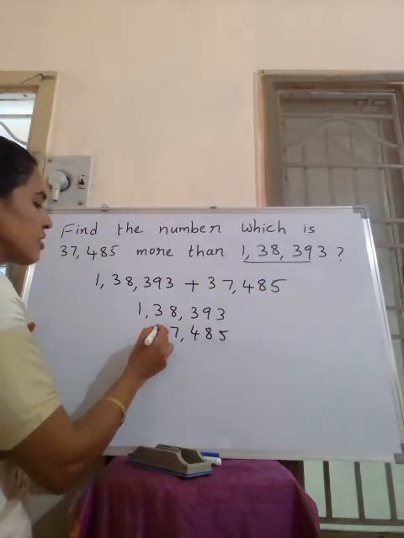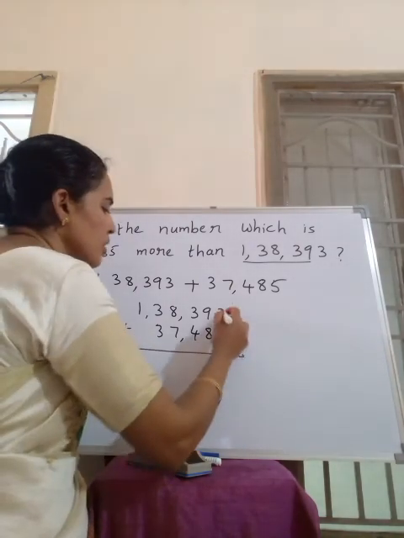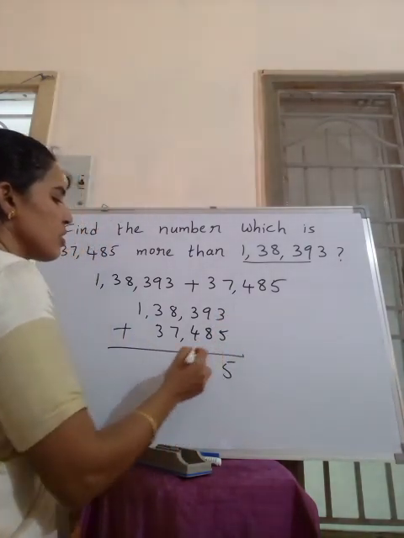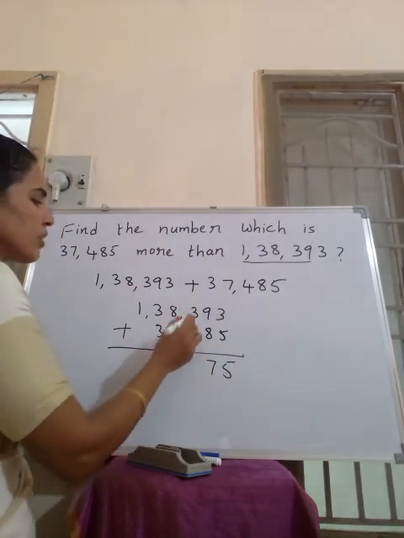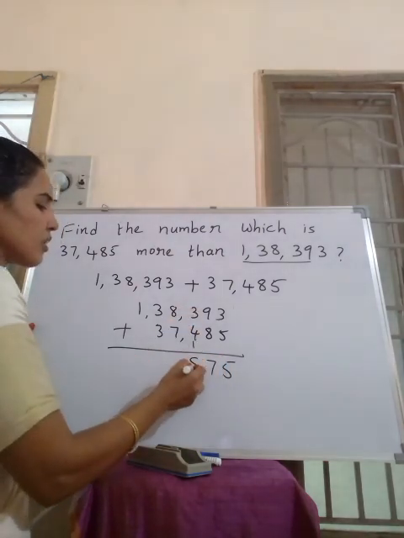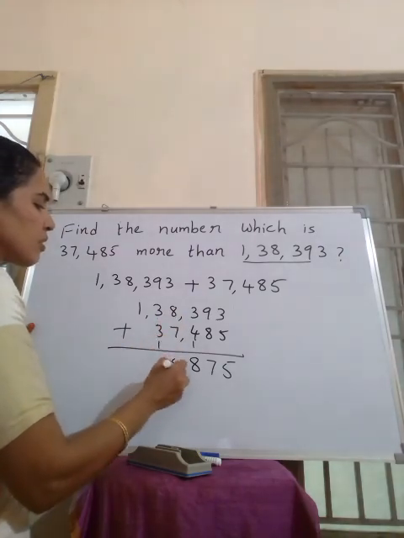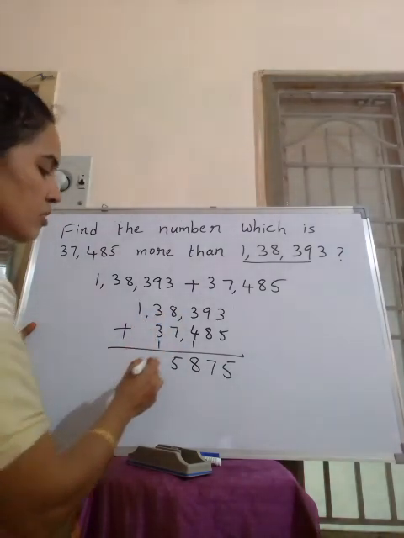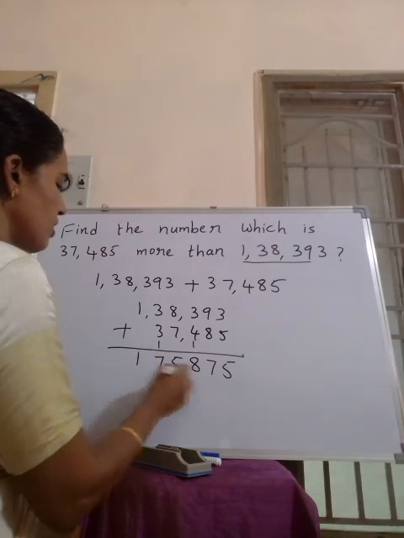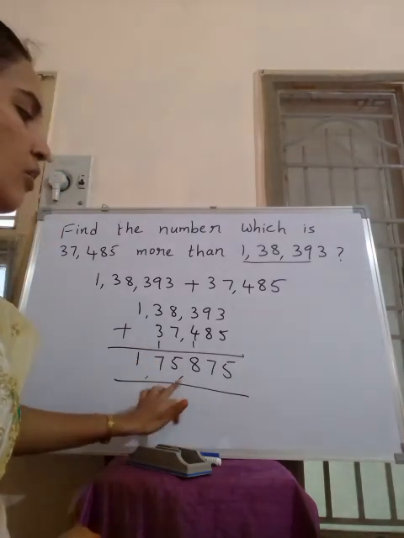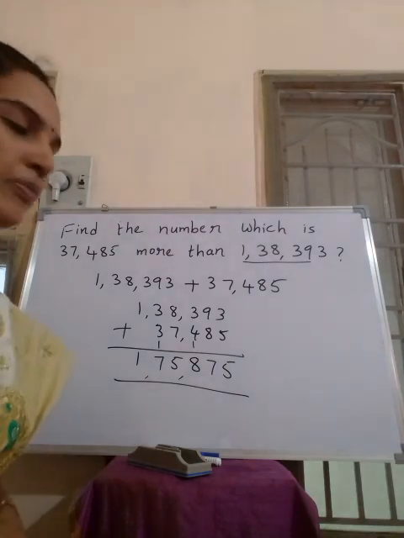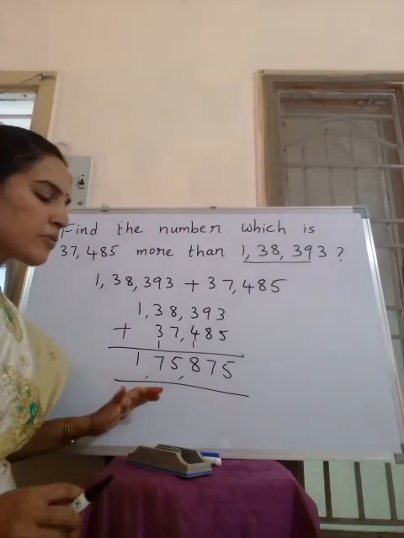After arranging the digits, now I am adding: 3 plus 5, 8; 8 plus 9, 17; 4 plus 4... that is, 3 plus 4, 7 plus 1, 8; 8 plus 7, 15; 3 plus 3, 6 plus 1, 7 and 1 as it is. Therefore, that number is 1,75,878.